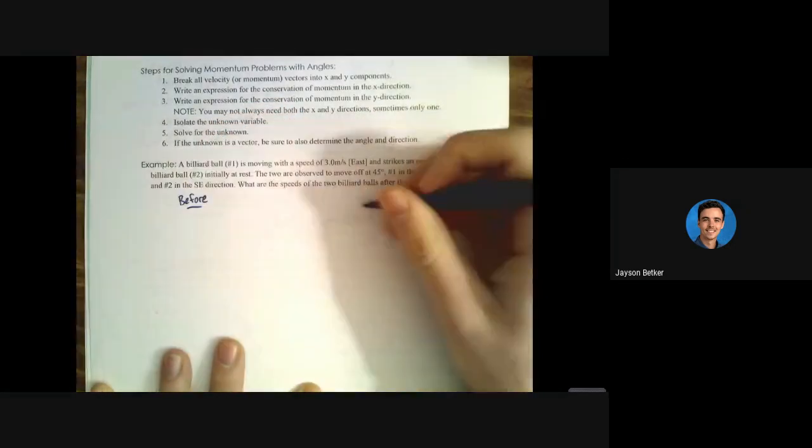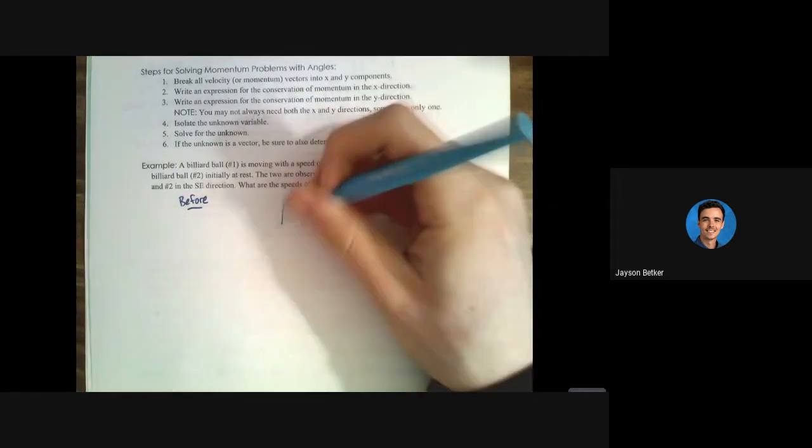I'm going to grab some colors here to use to solve this. That should be good. All right. So let's draw a before and after.